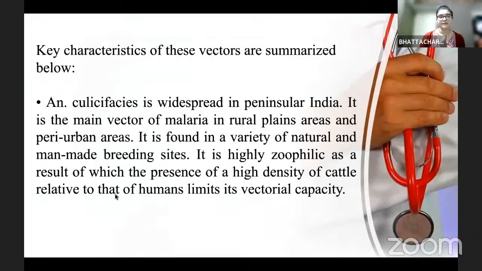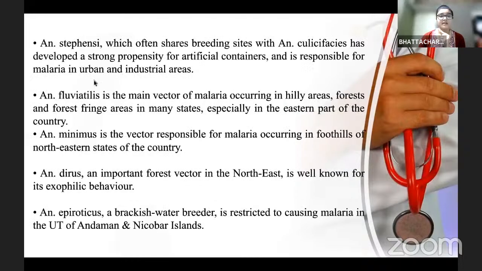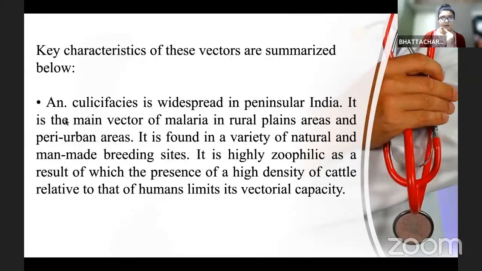Next slide. Now firstly we'll discuss Anopheles culicifacies. It is basically widespread in peninsular India, and it is highly zoophilic, as a result of which the presence of a high density of cattle relative to that of humans limits its vectorial capacity.